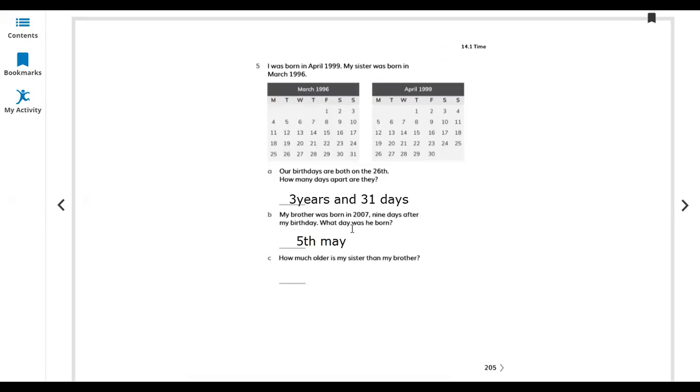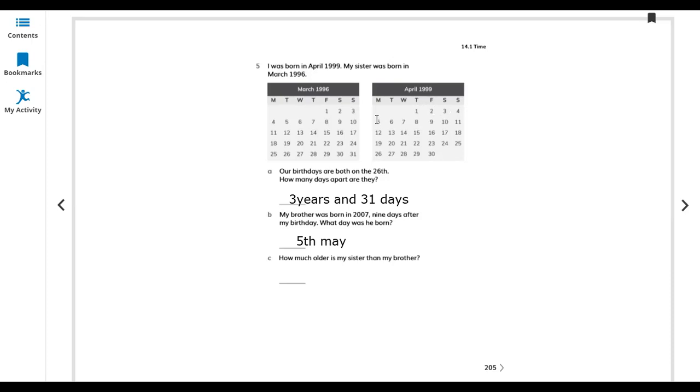2007, but it's written here, what day was he born. So if it's 5th May, how can you know easily? There are 9 days. So my birthday was 26th of April. So from 26 plus 9, 1, 2, 3, 4, 4 here, and the next month of May, then May 5, 6, 7, 8, 9.